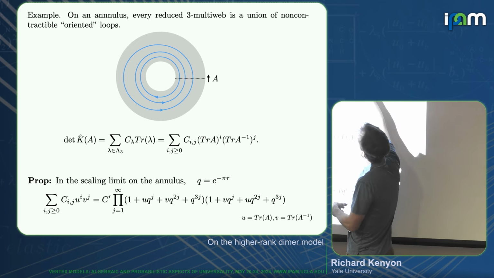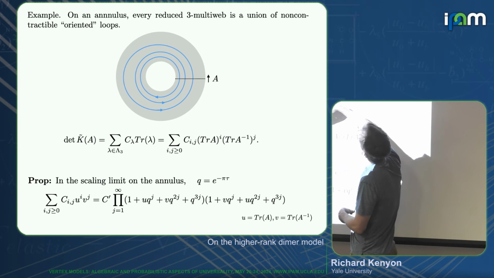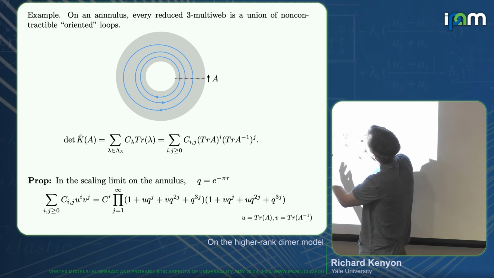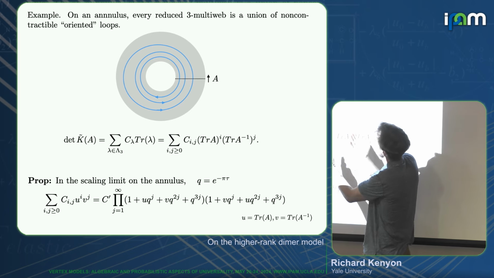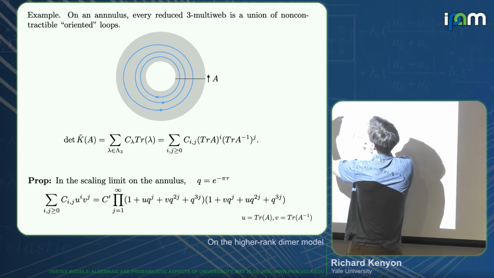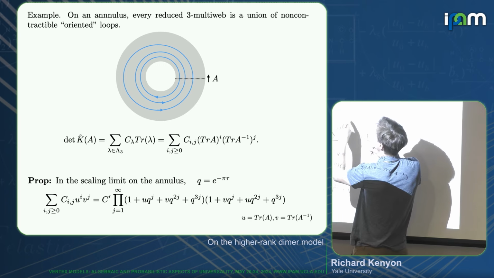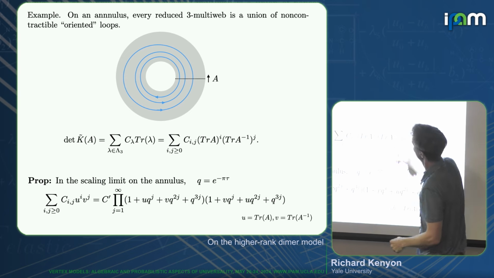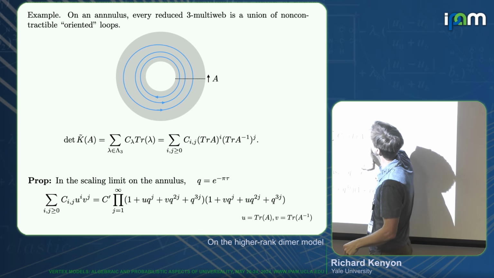On an annulus, it turns out that every reduced 3 multi-web comes in two flavors. It's a loop which goes around, but it may be a 1, 2, 1, 2, 1, 2 loop, or a 2, 1, 2, 1, 2, 1 loop. So you can think of them as having 2 different orientations.